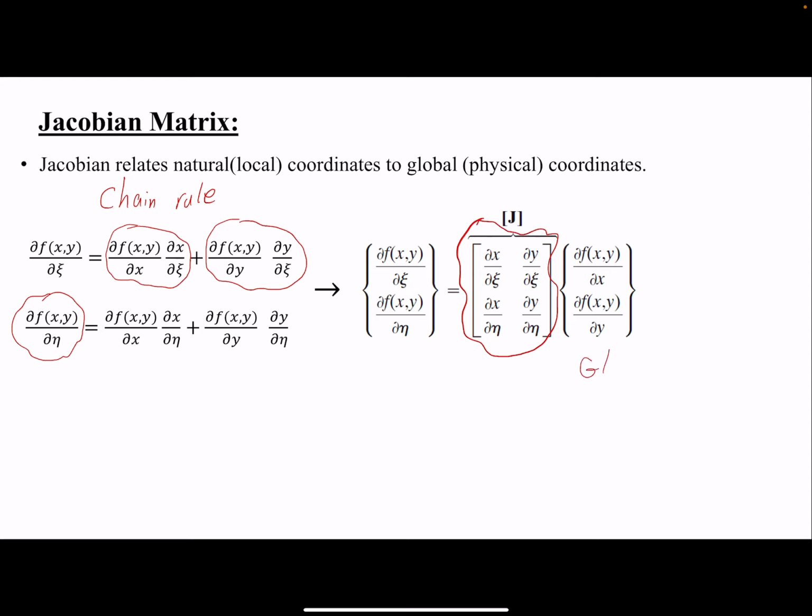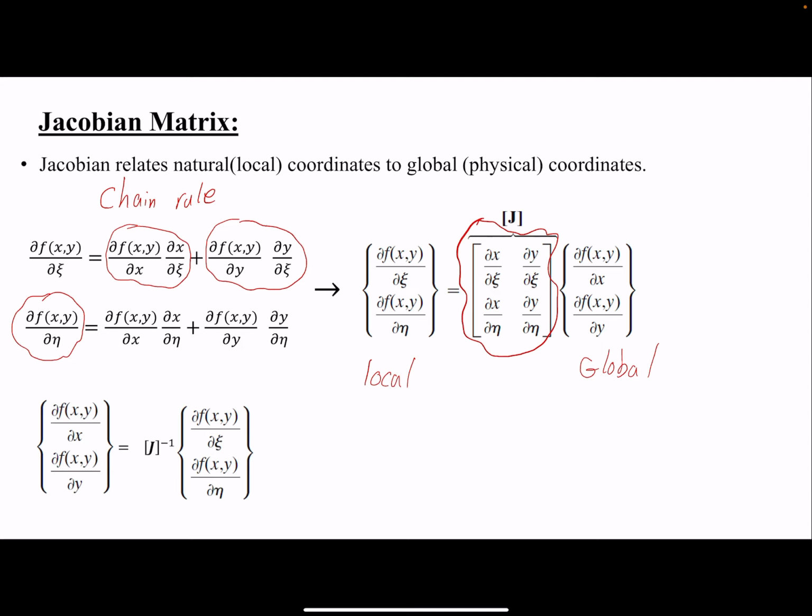So this is the global, this is the local. If you want to find the values in local coordinate, you need to multiply the Jacobian by the information that we have for the global coordinate. And if you want to do the inverse of that, you just need to invert your Jacobian matrix.